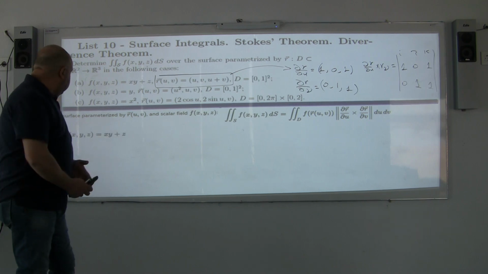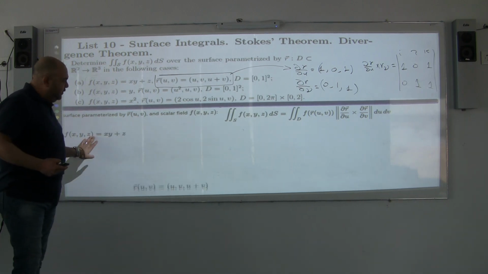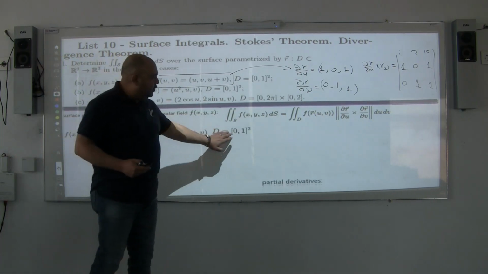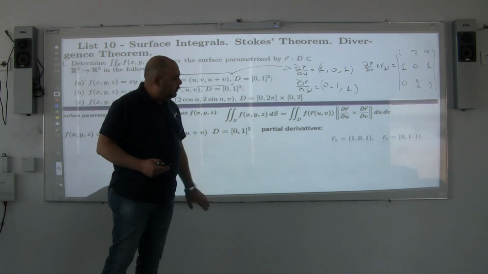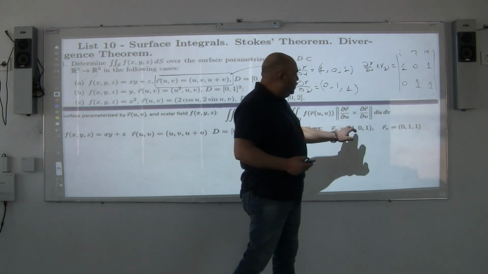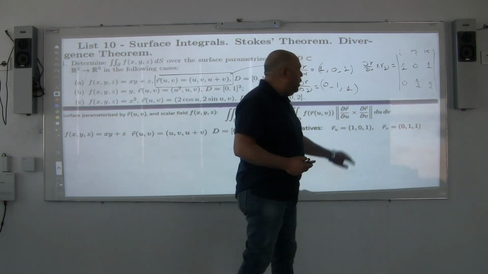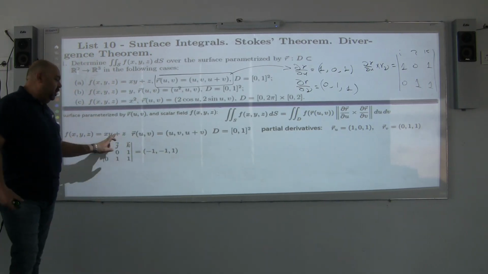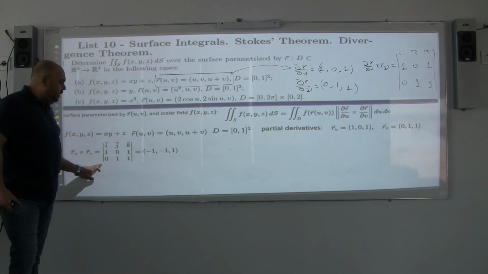The main function is r, defined for this region. The partial derivatives are already here: 1, 0, 1, 0, 1, 1. Start making the substitution through the determinant of this matrix.